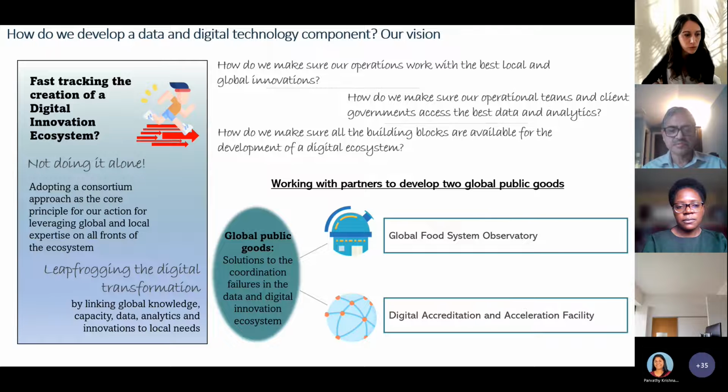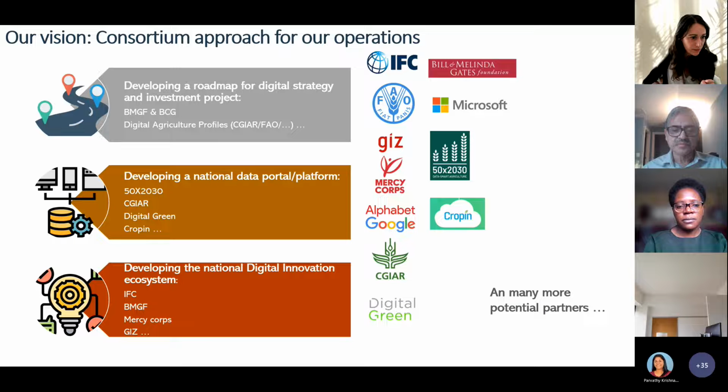For this, we're thinking of two global public goods, and I'll come back to them. But this consortium approach can be at every single level. It can be at the level of identification of the project, when we look at what is the actual landscape in the country. There are a lot of tools that have been developed by a lot of partners, including Gates Foundation. It's also when we try to work on developing the data platform Parmesh told you about.